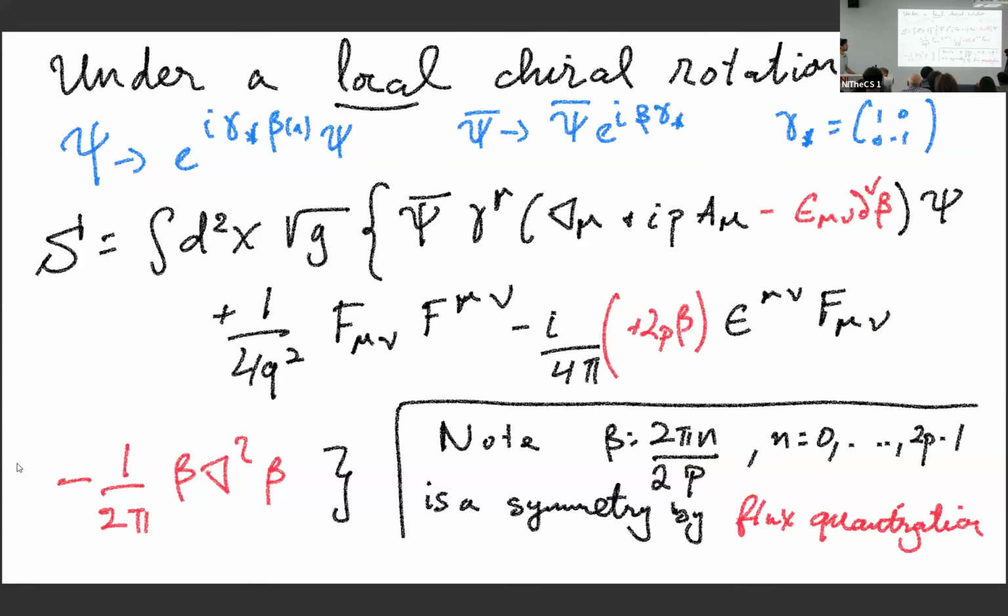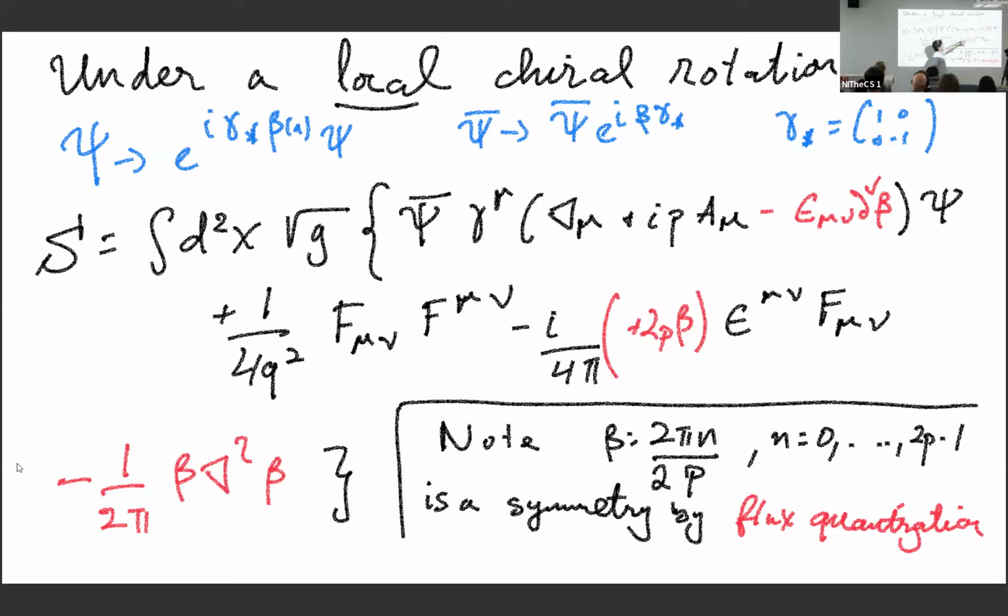Actually, the fact that the chiral symmetry is anomalous helps us to solve this model. Instead of doing a global chiral rotation, I can do a local one. If I also subsequently shift the measure of the path integral, this is how my action changes. You see there's a shift by the chiral rotation parameter beta that competes with A. This part also comes from the rotation of the path integral measure, as well as this piece right here.